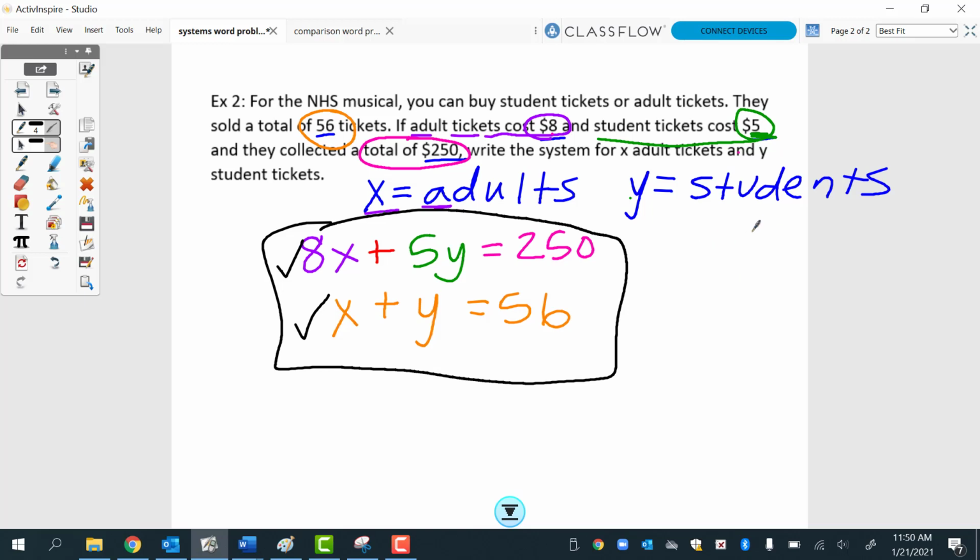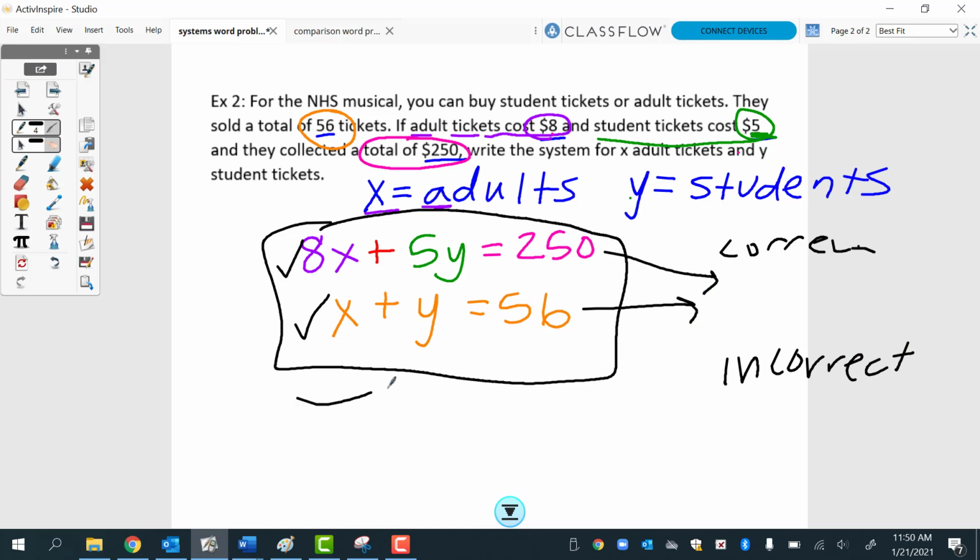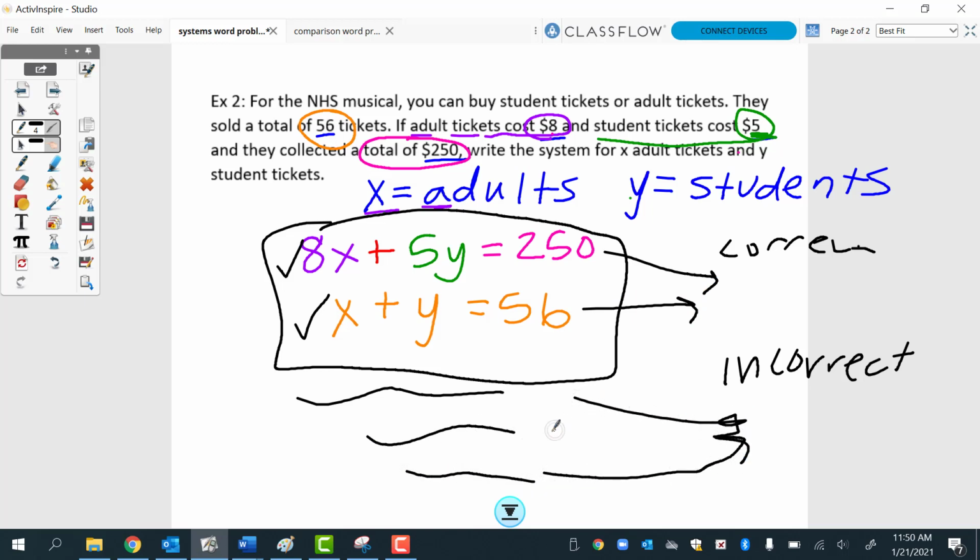There's going to be 2 categories: correct and incorrect. There's going to be lots of equations. You find these 2 and put them in the correct, and all the other equations you put in incorrect.